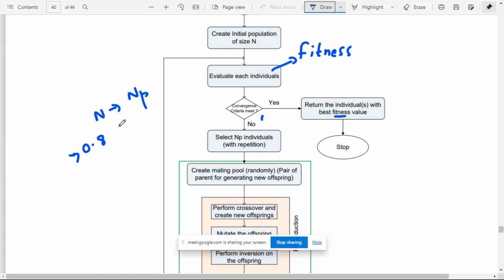Okay, so we identify the individuals with a high fitness score, and then for those NP individuals we have to create a mating pool, that is, pairs of parents for generating new offspring. So for these NP individuals, you have to find a mating pair, that is, another set of NP individuals. Okay, because we want to create offspring, right?